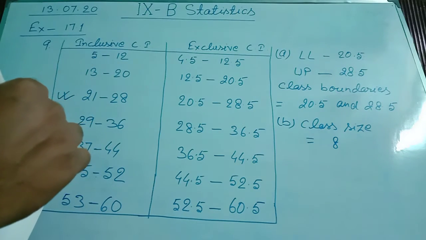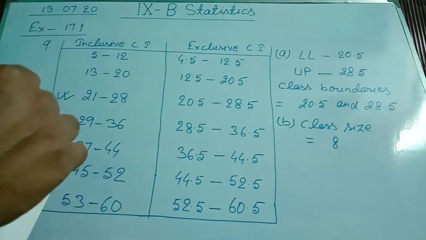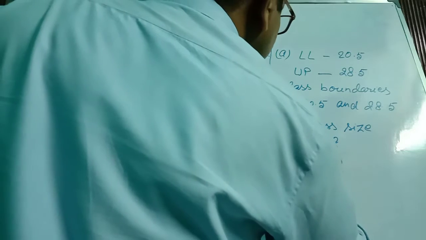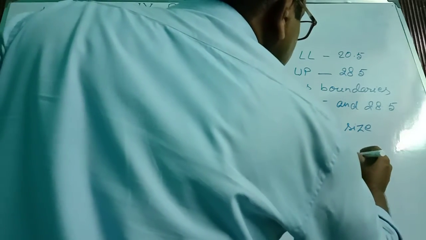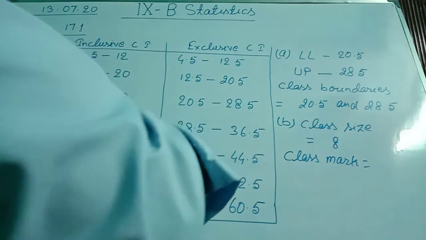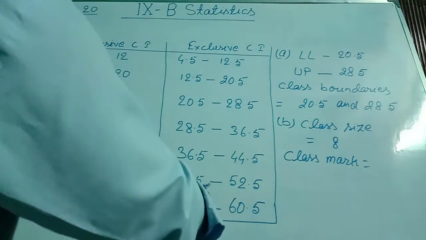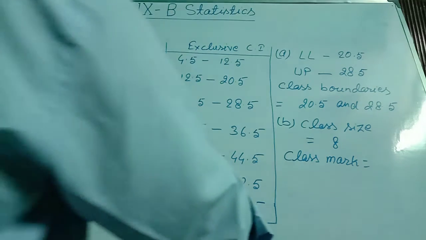And one more is the class mark, which will be equal to, we have to add 44.5 plus 52.5 by 2. That is 97 by 2, which is 48.5.